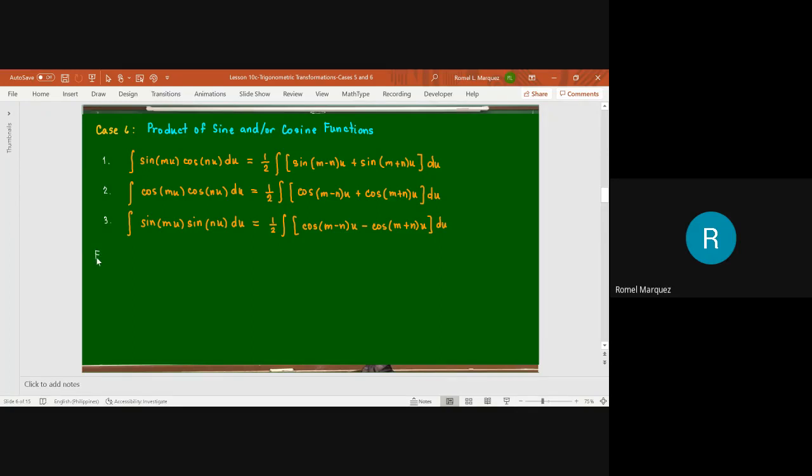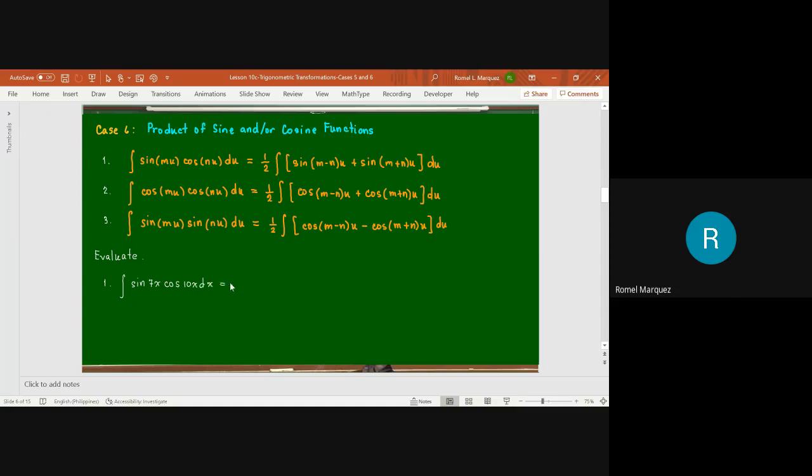So let's say we're asked to evaluate. Number 1, we have integral of sine of 7x cosine of 10x dx.